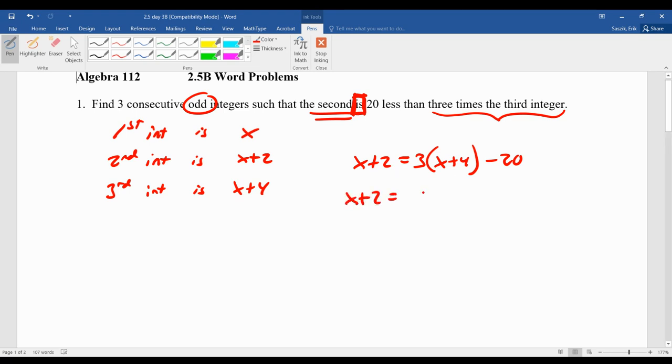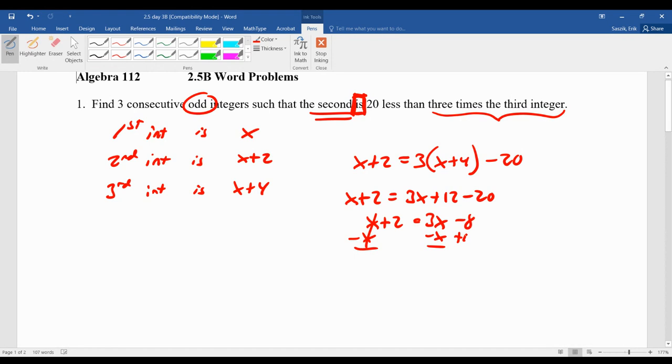Solving, that's the easy part. Whoops, I accidentally wrote plus there. So 12 minus 20 is negative 8. Let's move the x's over to get them on the same side.